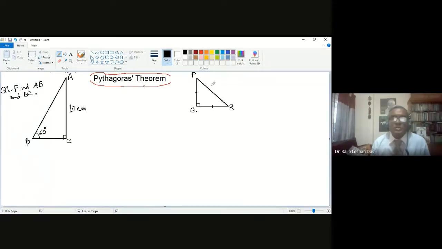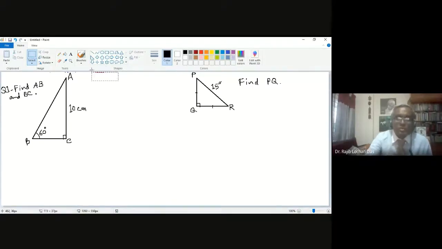The hypotenuse is given as 15 inches. Find PQ. PQ and QR are the same. So what will you do now? For the two questions, I will do it one by one, but before that you also try. Can you solve these?